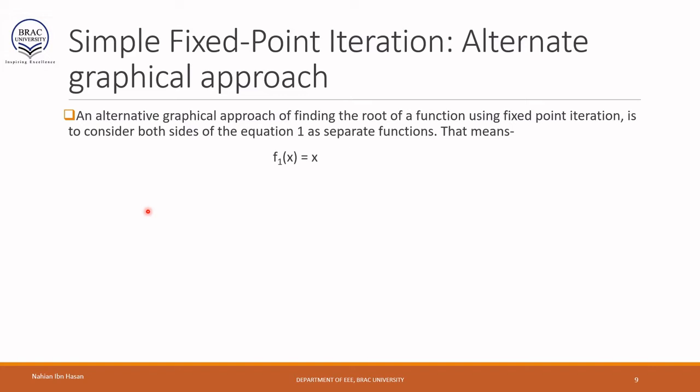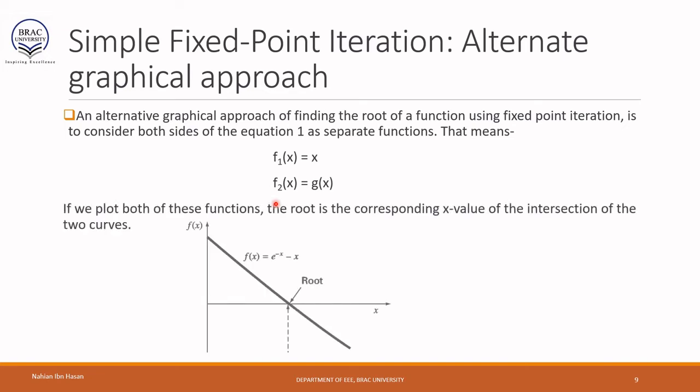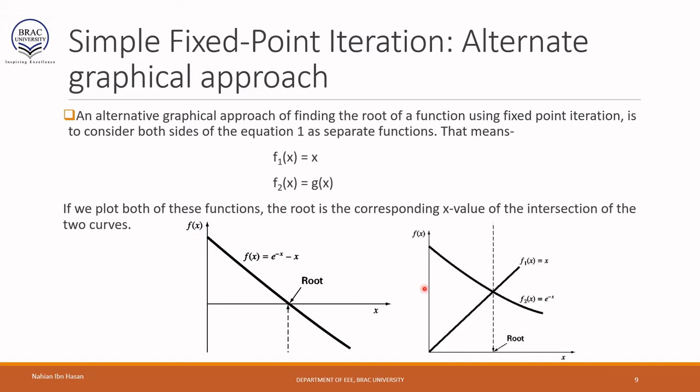Both of these terms can be considered as separate functions. For example, on the left hand side we have x, which can be denoted as function 1, f1 of x, and on the right hand side we have g of x, which can be denoted as a new function f2 of x.